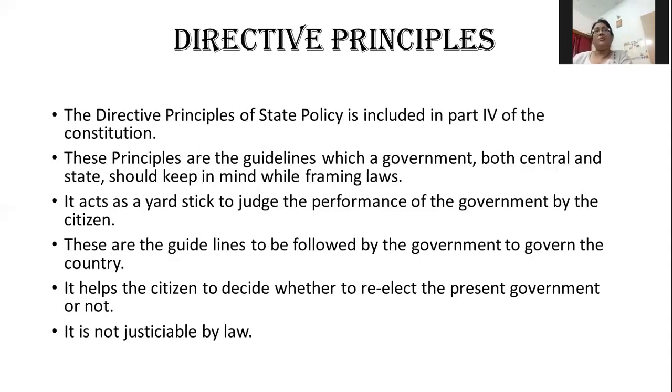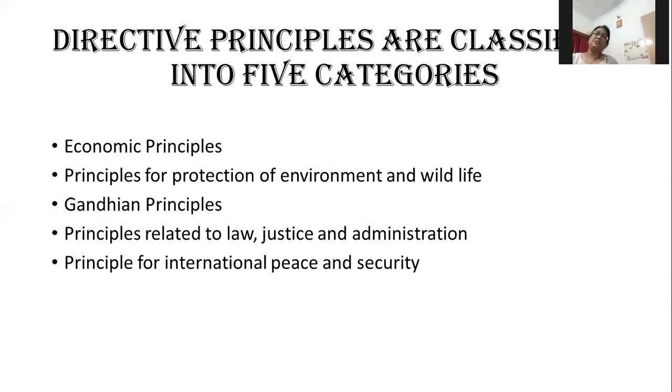Like in our country, previously there was a coalition government, then before that was a Congress government, and today for the last 10 years, we are having a BJP government. So these are the guidelines to be followed by the government to govern the country. It helps the citizen to decide whether to re-elect the present government or not.